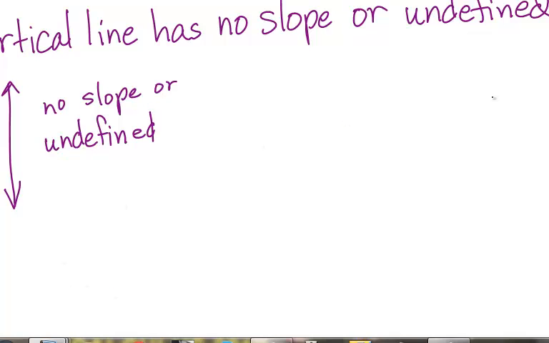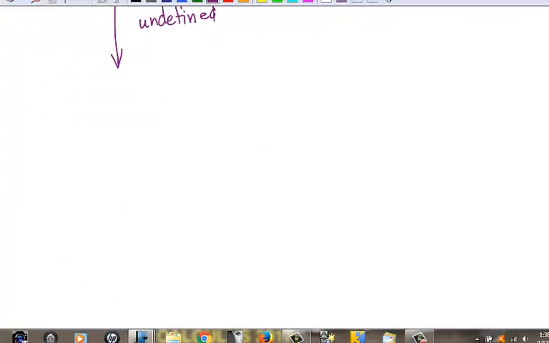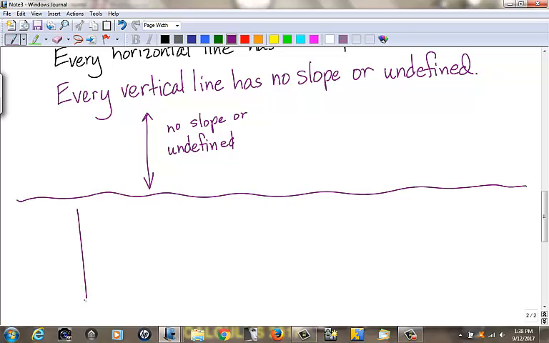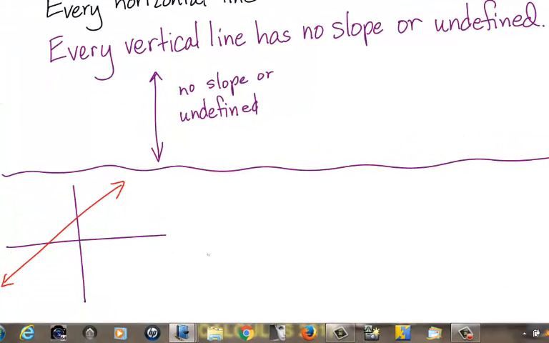Okay, and then if you look at the choices, you only have really 4 choices for a line. If the line tilts anything in this direction, you know it's a positive slope.